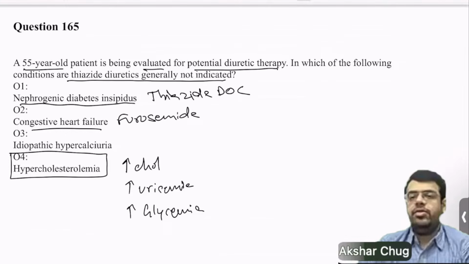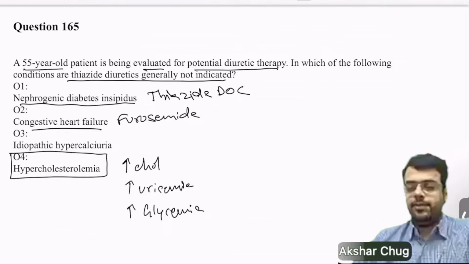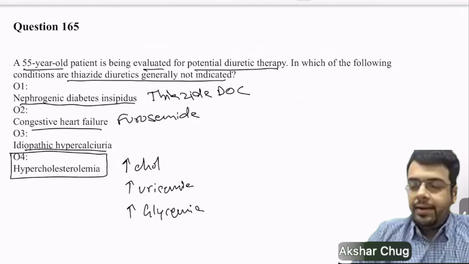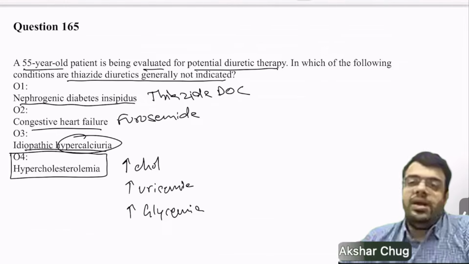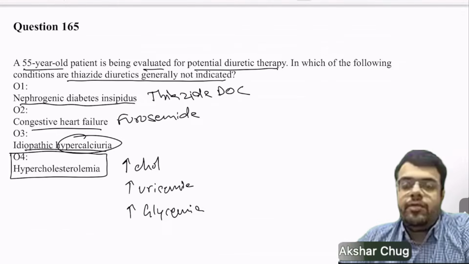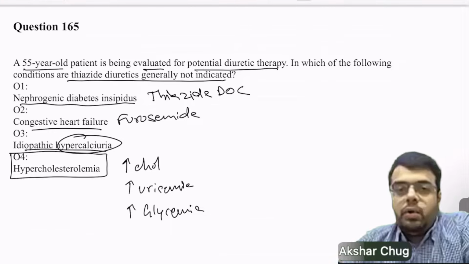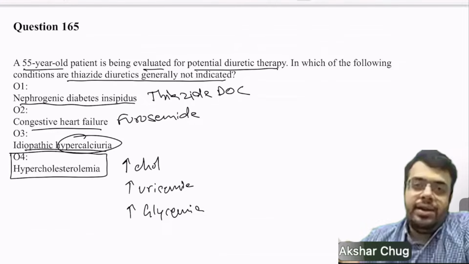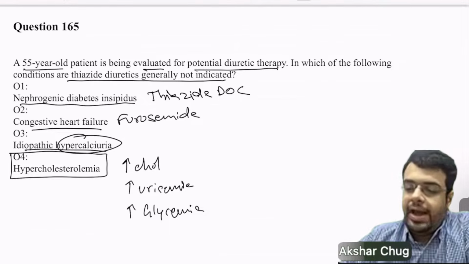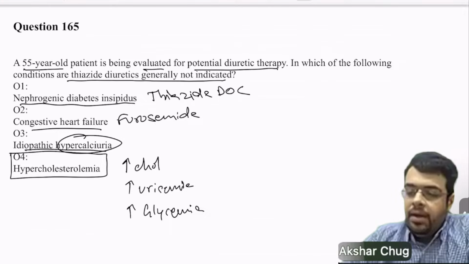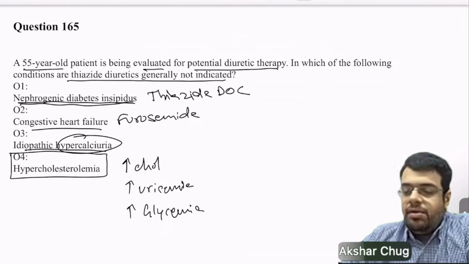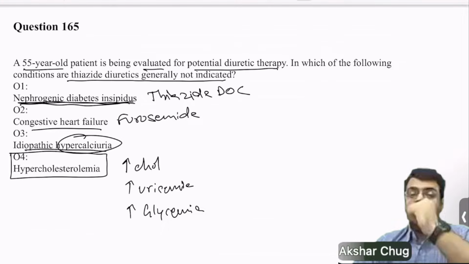Thiazide is usually used in patients of hypertension. Idiopathic hypercalciuria, so there is increased calcium in the urine. Thiazide will cause reabsorption of calcium from the urine. As we remember, loop loses calcium, but thiazide reabsorbs calcium. So it can be used in hypercalciuria. So the interesting point is, in case of nephrogenic diabetes insipidus, the patient is already losing a large amount of water.